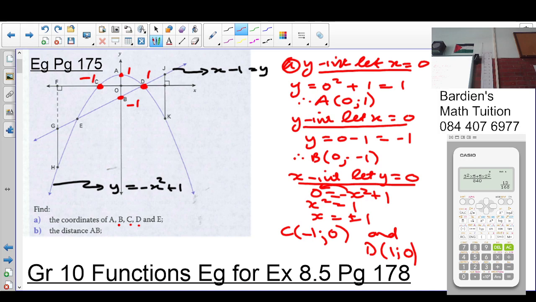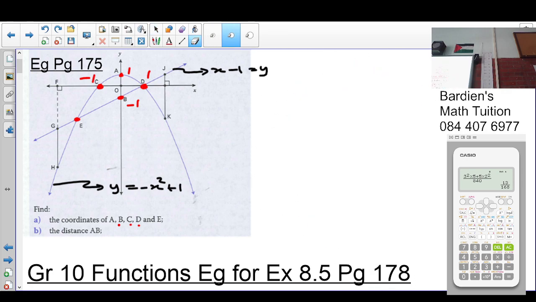E. What is E? Point of intersection. Okay. So how do you work out the point of intersection? What is actually happening at the point of intersection?